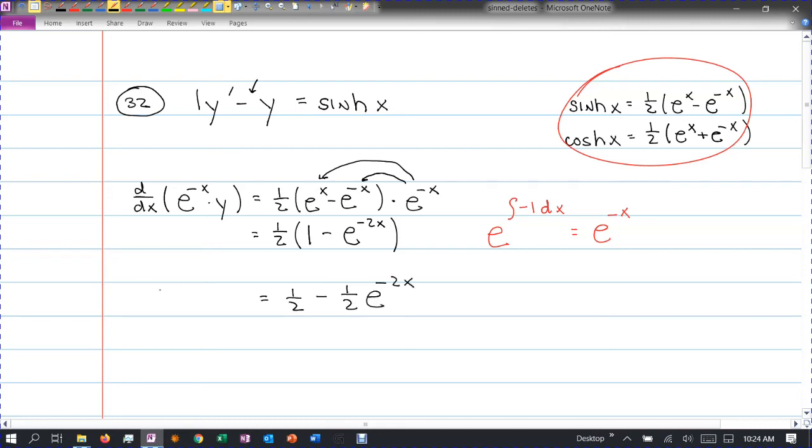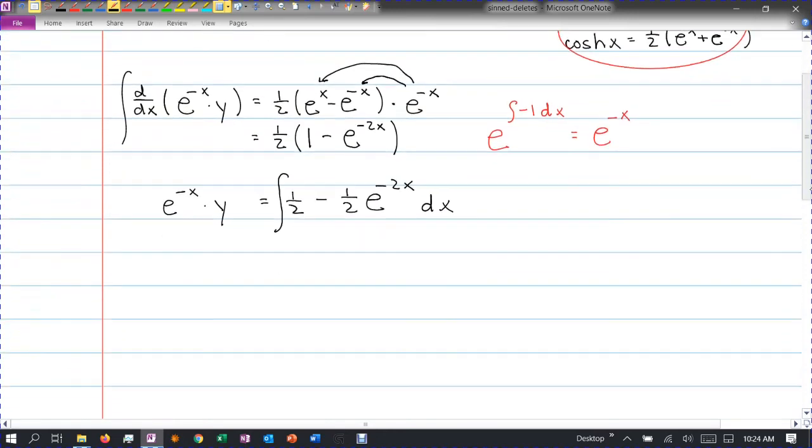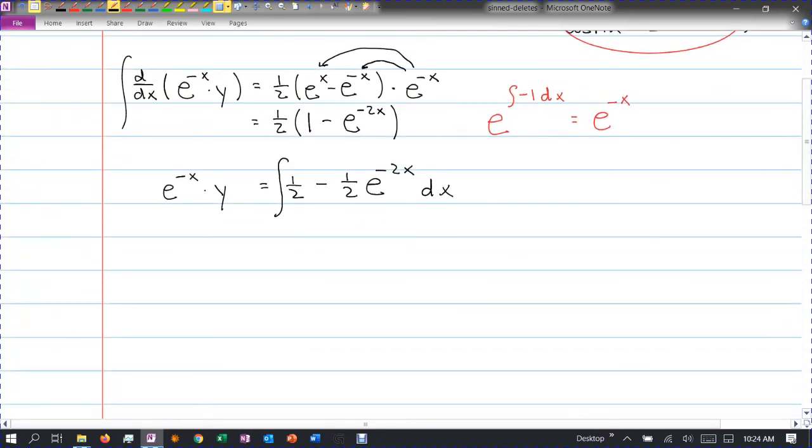I'm going to integrate this side with respect to x, and then integrate the left side, and we know the left side's just this. Okay, we're moving now. The antiderivative of this I should be able to do without anything. So antiderivative of 1/2 is 1/2 x. And here we got a little chain rule.